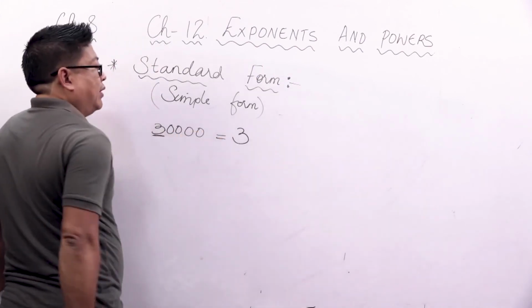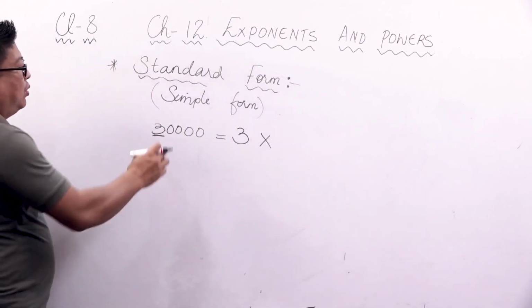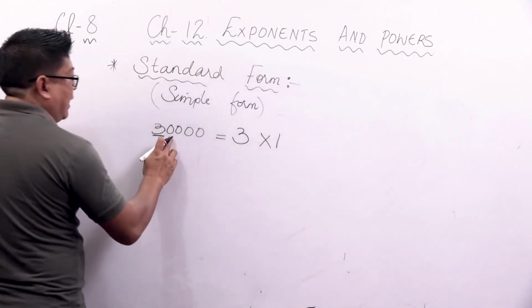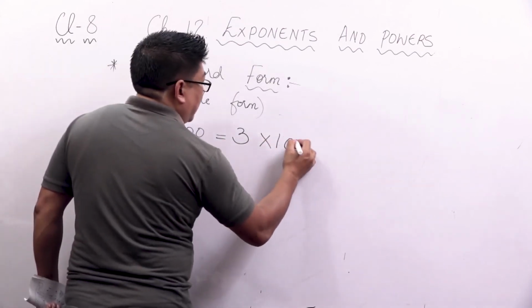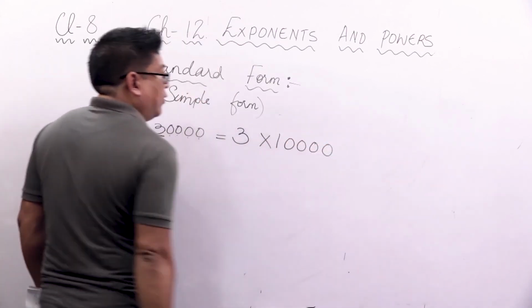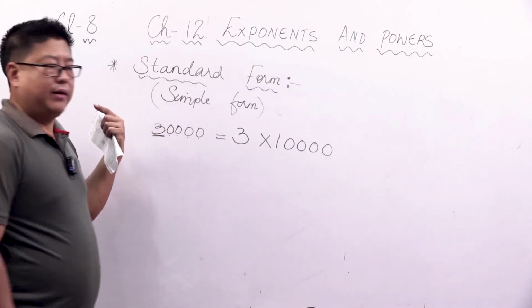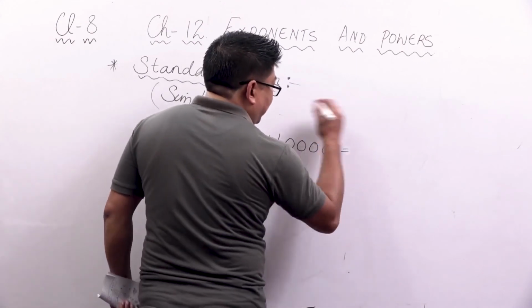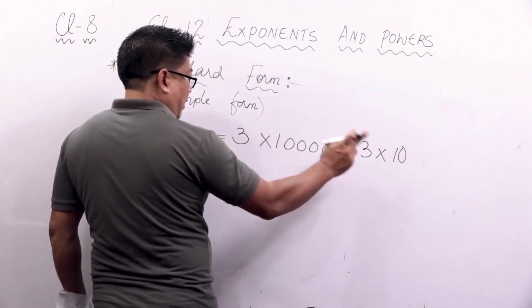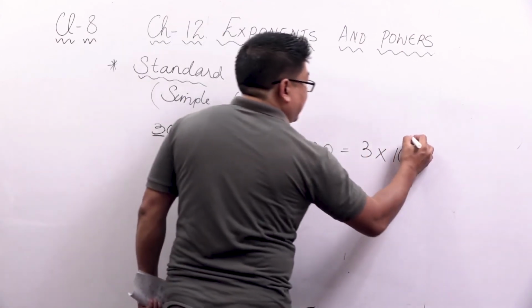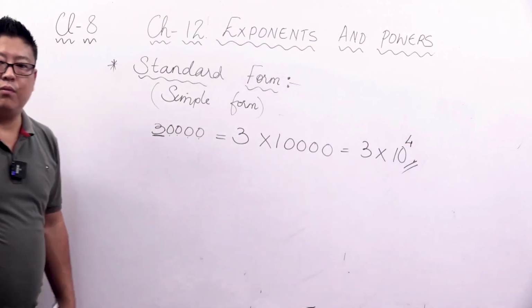So 3 I will keep as it is, into 1, and how many zeros should I put? 1, 2, 3, 4. All right. So 3 into 10,000 is 30,000. And this I can further make simpler into 10, how many zeros? 1, 2, 3, 4. So 10 to the power 4. So this is your standard form.